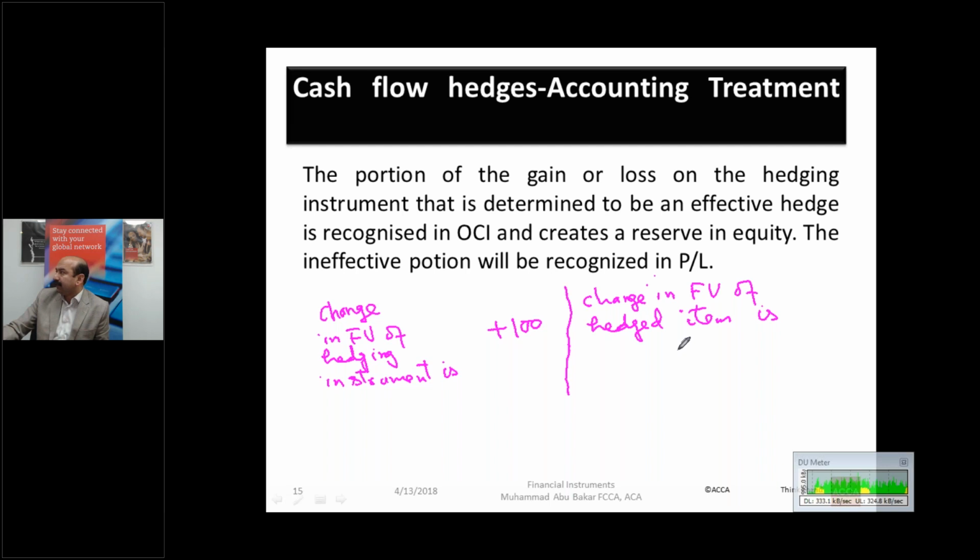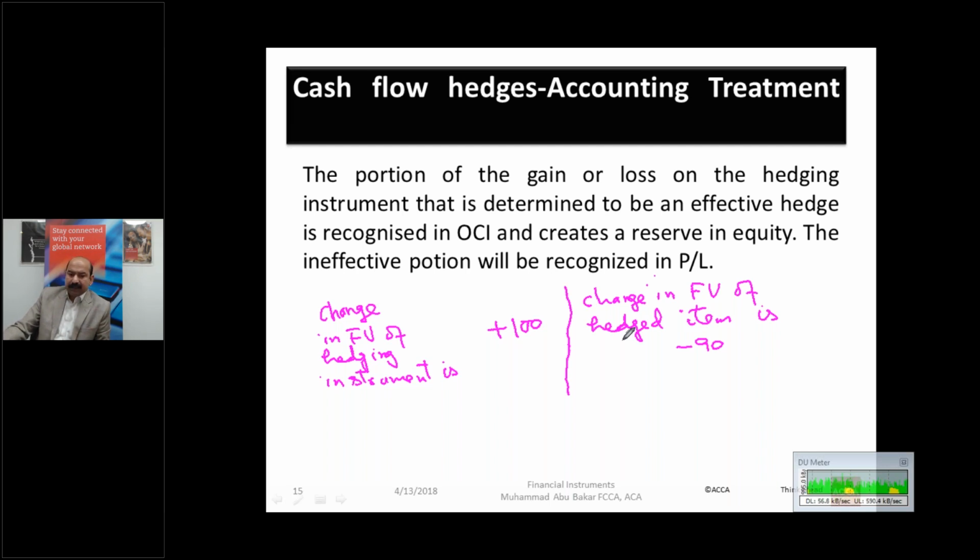Of course, this will be a negative, a loss. See, it means that the hedge is not perfectly effective. Perfectly effective is an ideal situation whereby there should be the same gain and there should be the same loss. Both should be equal, but that is an ideal situation.